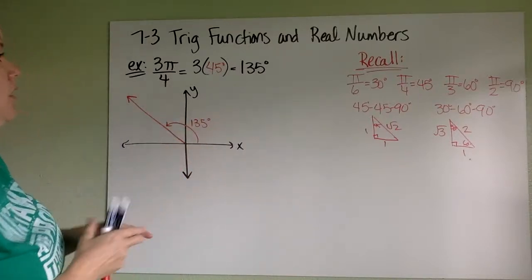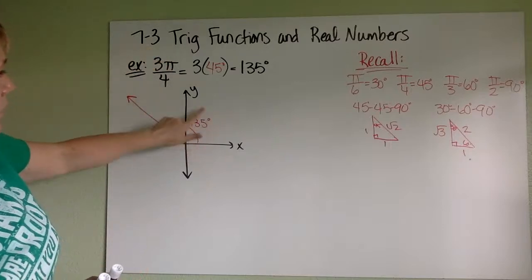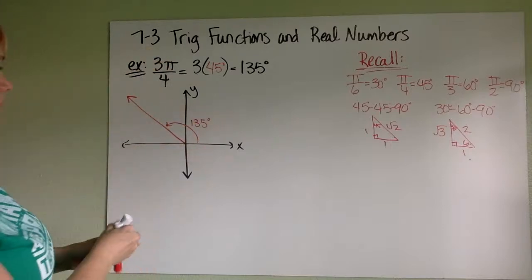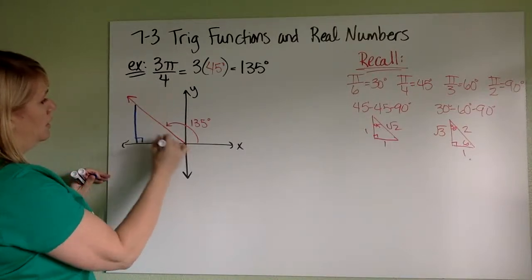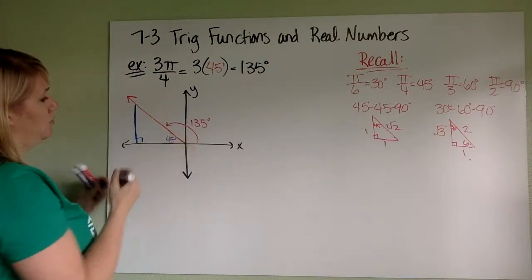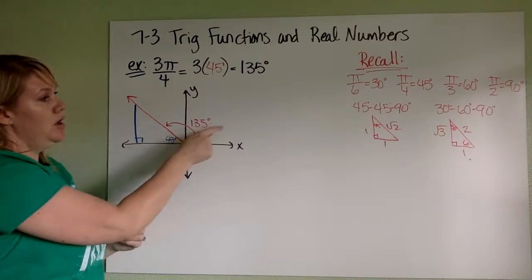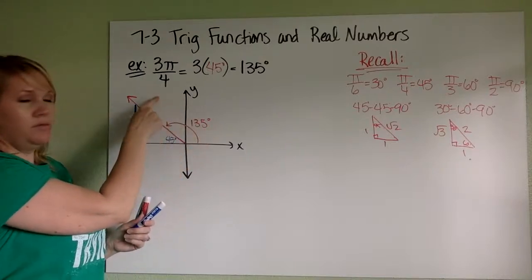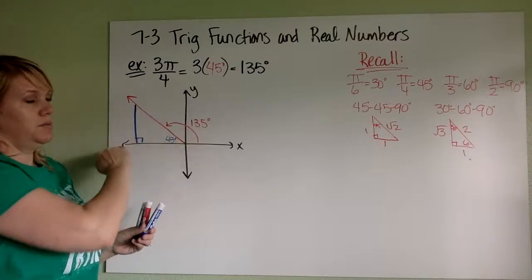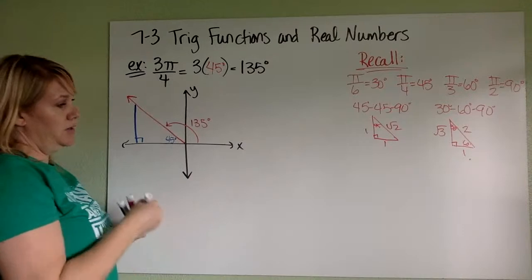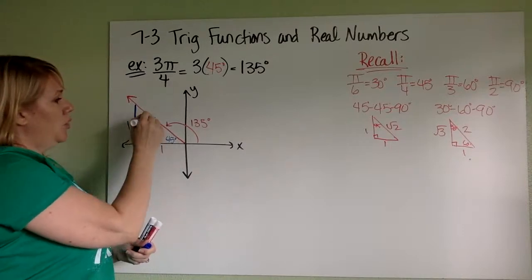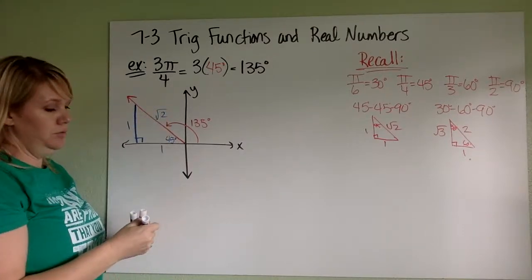You might even think 3 45-degree angles, 1, 2, 3, and that tells me that this triangle, which I'm going to draw right here, has a 45-degree reference triangle. That's what's left, right? 1, 2 45-degree angles, 3 45-degree angles, 4 to make one full. So using my 45, 45, I know the 2 legs are a 1 and a 1, and the hypotenuse is a square root of 2.